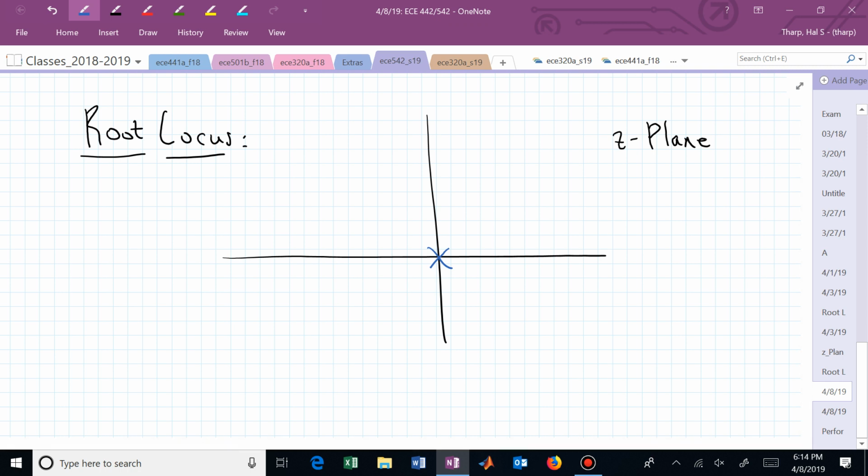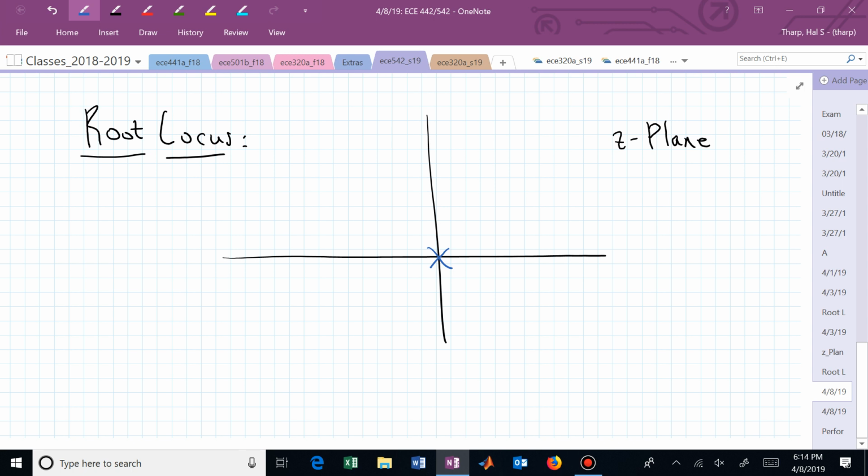What's my French bread look like? It looks good, doesn't it? It's infinite in either direction, the right side or the left side. Which of those segments or both belong to the root locus? Now if I stand on the positive real line and look to my right, do I see an odd number of poles and zeros?